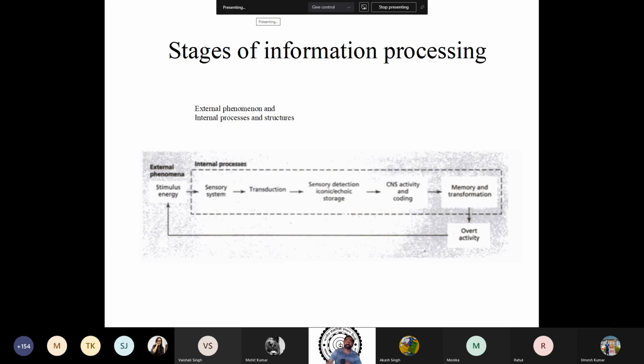No. So essentially, transduction is a process in which you convert one form to the other. So here, the sensory system has to implement transduction, where let's say the frequency of light is converted to neuronal signals, using which you are able to do some kind of detection.